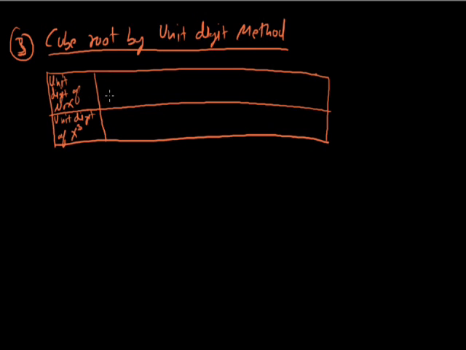Let's say the number has a unit digit 0, and we know that 0 cube is 0. If the number has 1 as a unit digit, then its cube is 1. 2 cube is 8. 3 cube is 27, and the unit digit of 27 is 7. Now if you have 4, 4 cube is 64, so the unit digit is 4.